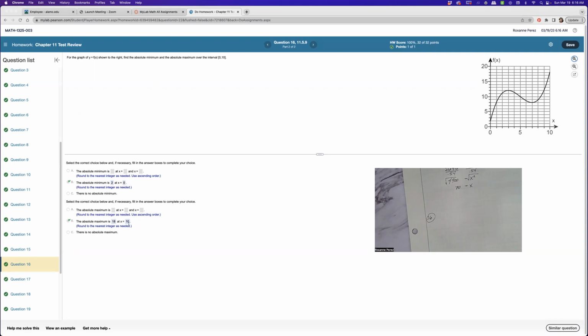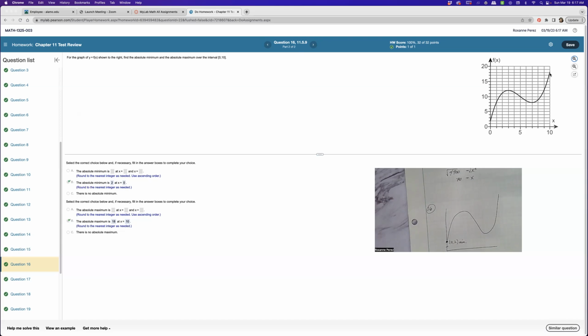Okay, so now, again, if you wanted to sketch this really quick, so you have something in your notes, put your point there, 0, 2, minimum, okay? Now it's asking you for the absolute maximum.